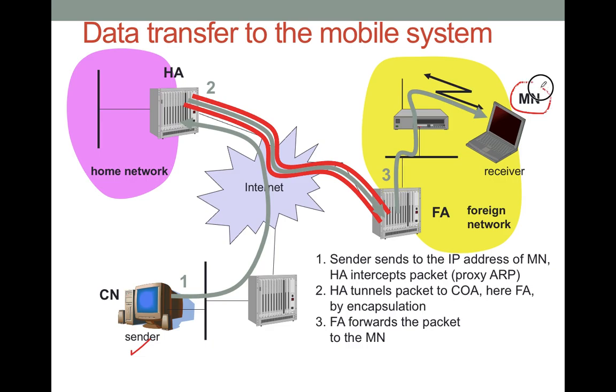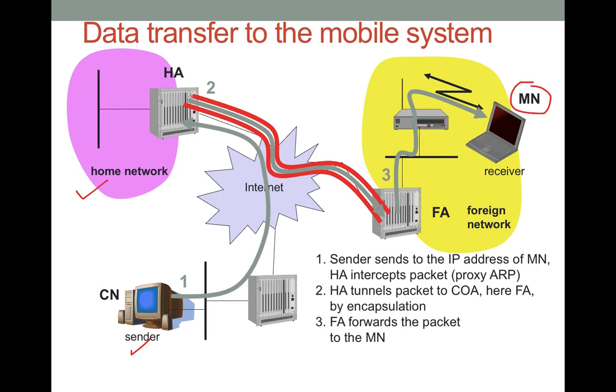But because the sender knows the IP address that is supposed to be at the home network, while currently the mobile node has moved to another network, what happens is that the counterpart network sends the data to the home agent, because currently the mobile node is not there.